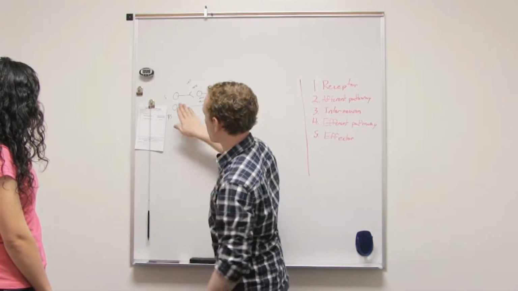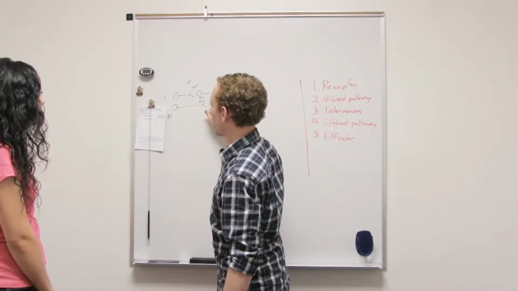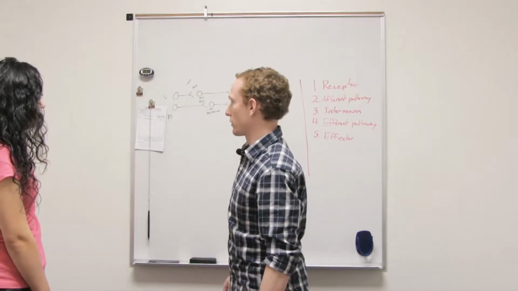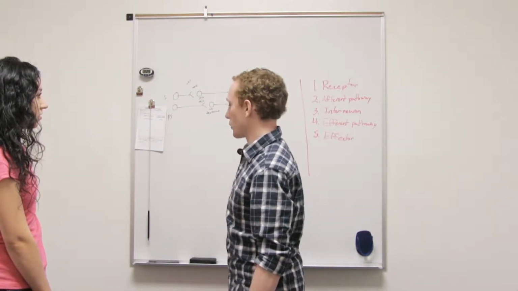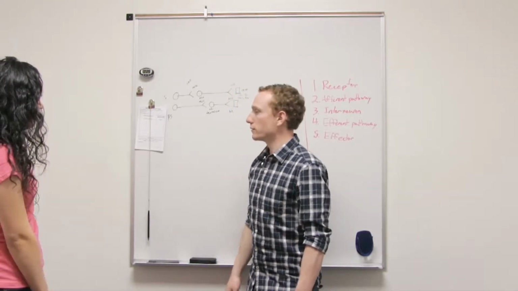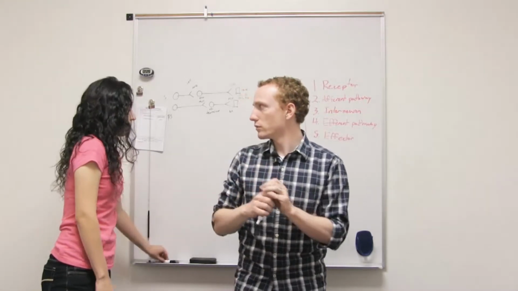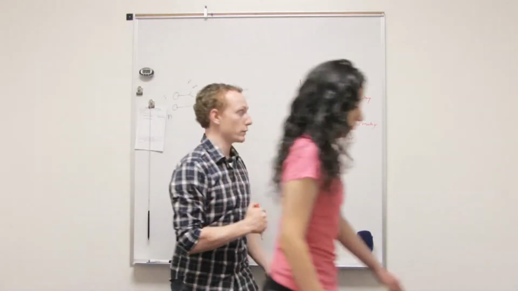So this is going to be the pre-ganglionic neuron and the post-ganglionic neuron. The cell bodies are going to be in collateral ganglia. If you're in the sympathetic pathways, then that makes sense. Yeah, that's absolutely right.